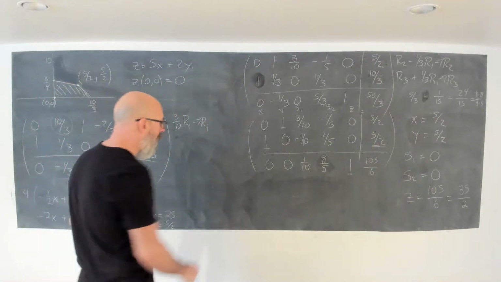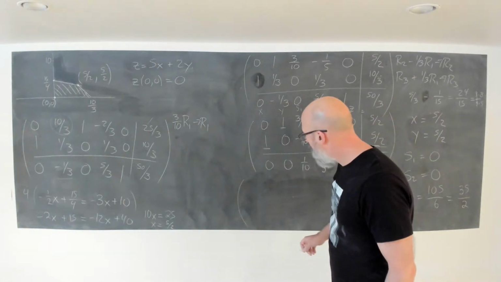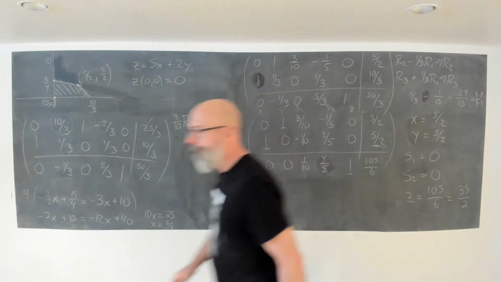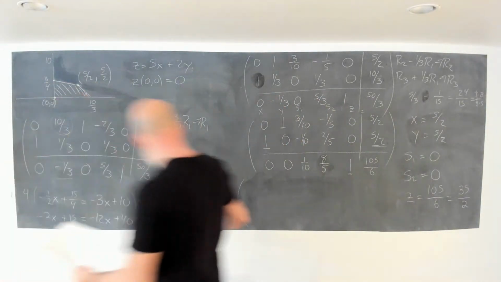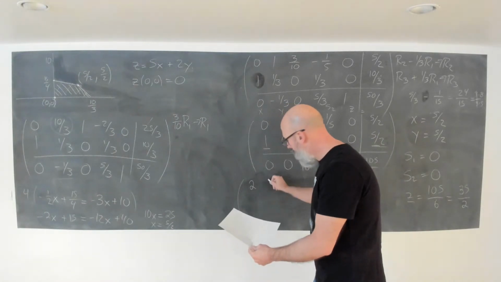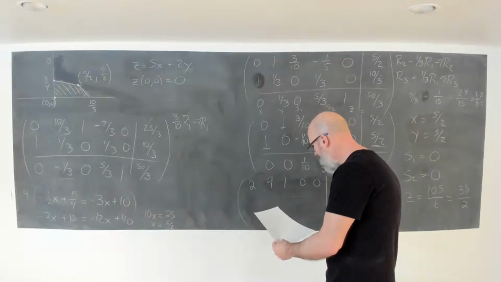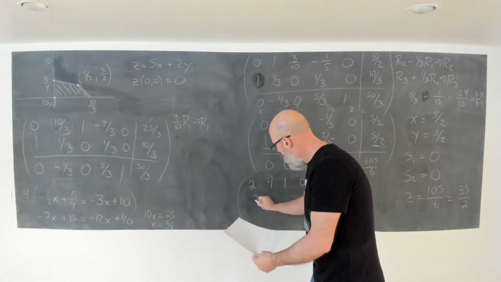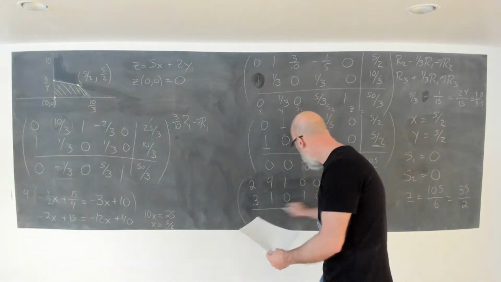Simplex tableau that we had, but if we recall what it was, I want to say the first Simplex tableau was 2, 4, 1, 0, 0, 15. 3, 1, 0, 1, 0, 10.